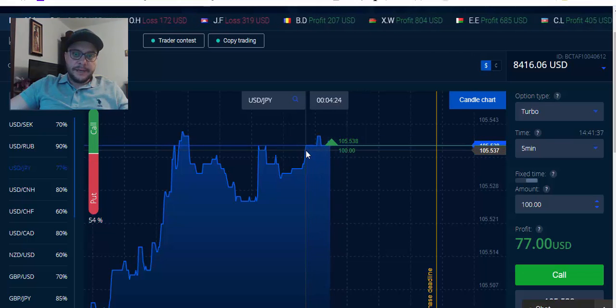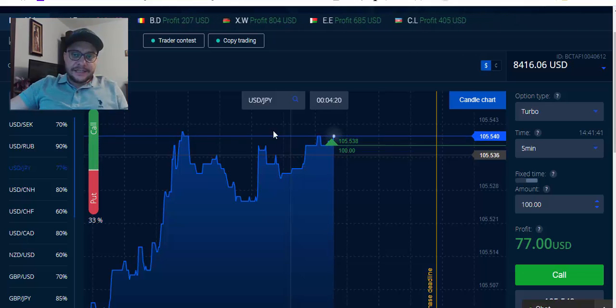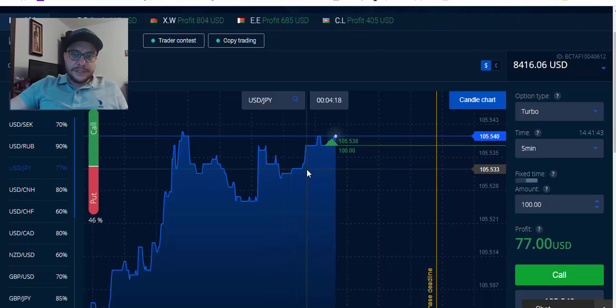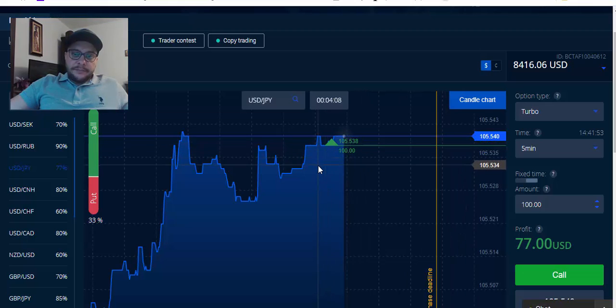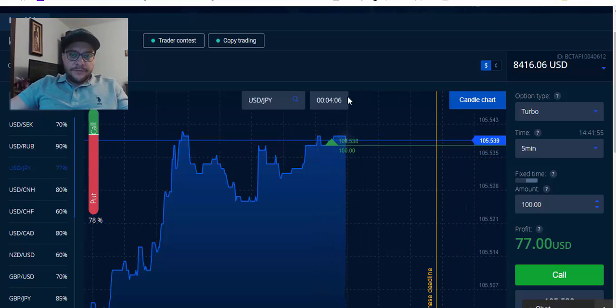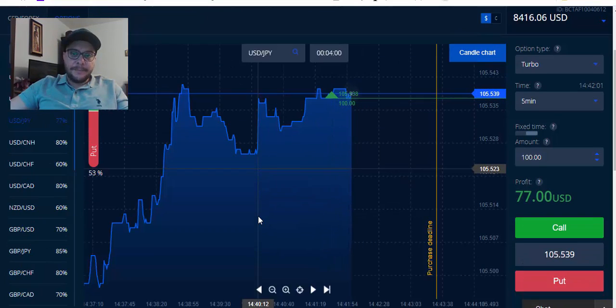It's based on BLW Turbo Strategy signals. It was a call, it was a buy, and here is the purchase line. So at the end of the expiration time, at the end of these 5 minutes, we should be above this green line in order to be in the money.